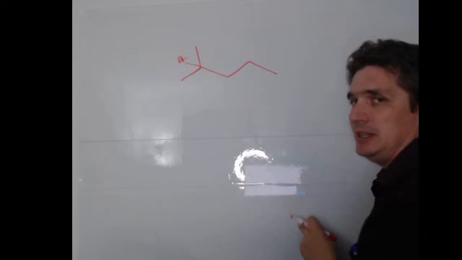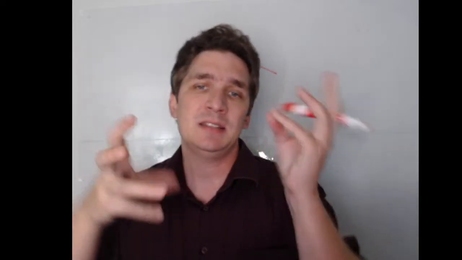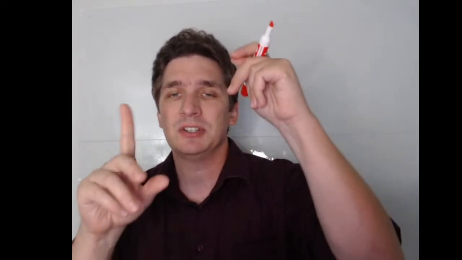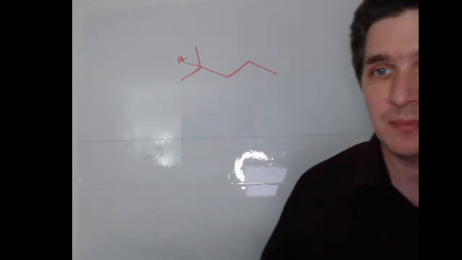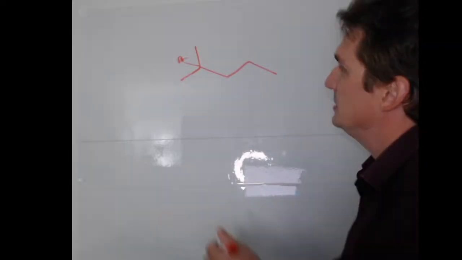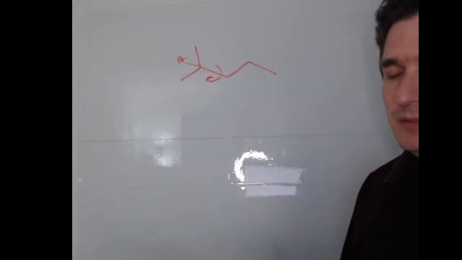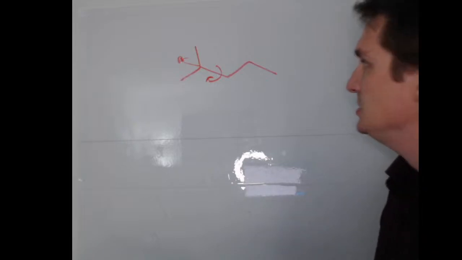And in order to get this E2 elimination, I can see what they were trying to do with this question. There is stereochemistry associated with E2 in that you have to have the bromine and a hydrogen antiperiplanar, meaning that the bromine has to be able to rotate in such a way that there's a hydrogen opposite to it across the bond. The thing is that this is a linear alkane. It has conformational rotation, which means that all this thing has to do is rotate around this bond to the point that it will undergo elimination.